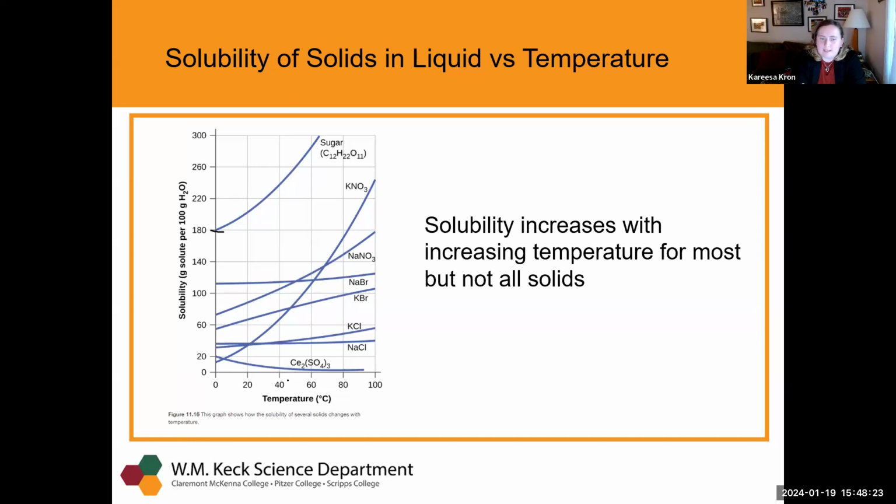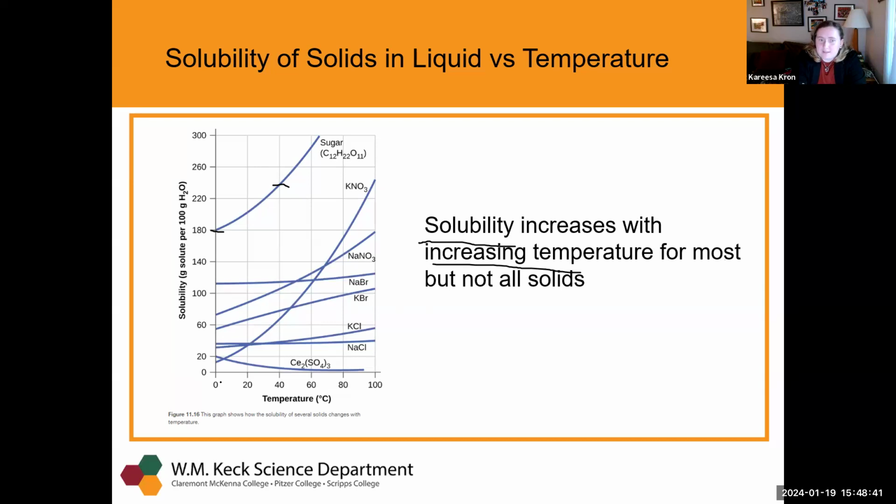If you increase that temperature to 40 degrees, now we can dissolve 240 grams of sugar in 100 grams of water. So for solids, solubility generally increases with increasing temperature.